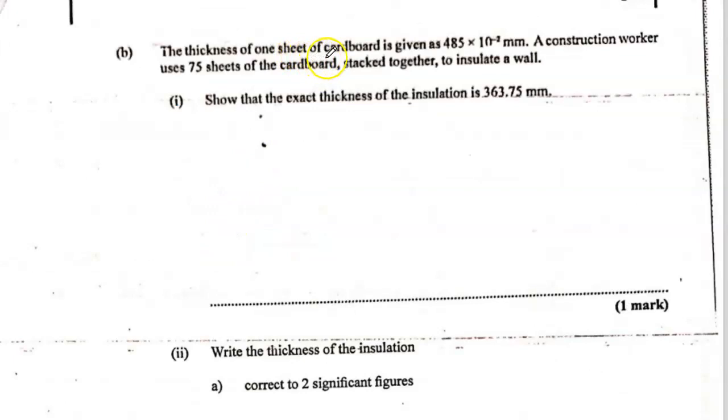Next, the thickness of one sheet of cardboard is given as 485 times 10 to the minus 2 millimeters. A construction worker uses 75 sheets of the cardboard stacked together to insulate a wall. Show that the exact thickness of the insulation is 363.75 millimeters.